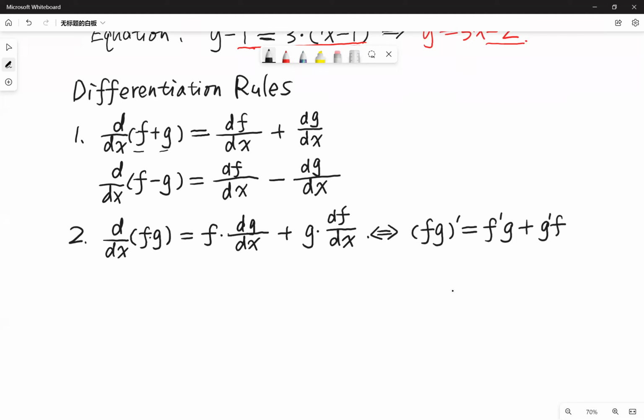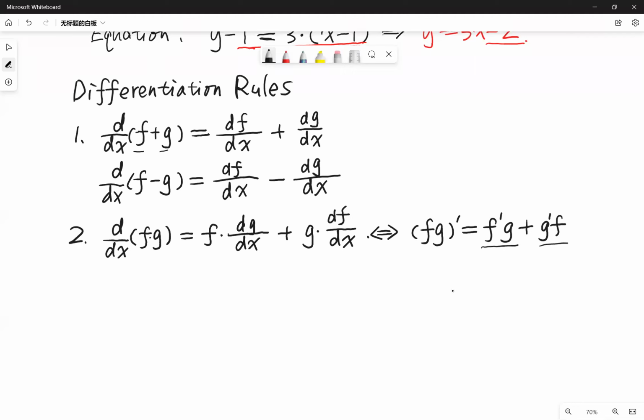This is the product rule. You can see f is itself, and we multiply it by the differential of g here. This is called the product rule.